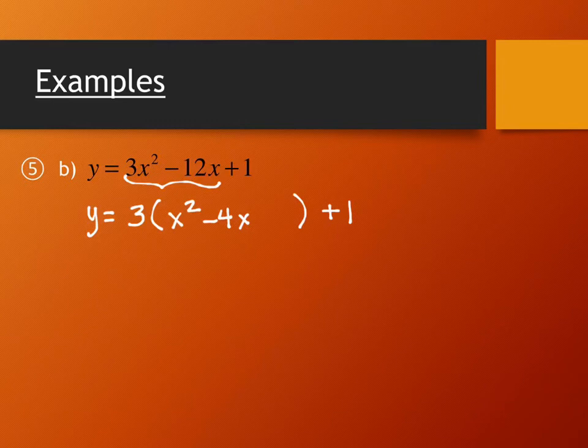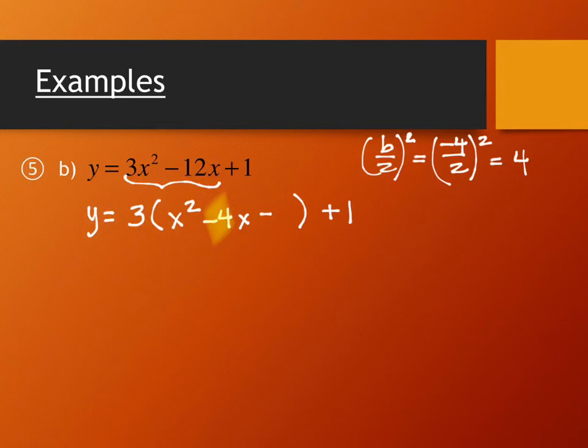The place where I have the space, I will find my value just like I did before. B over 2 squared. And the b value now that I'm working with is in fact negative 4. So negative 4 divided by 2 is negative 2, and then negative 2 squared is 4.